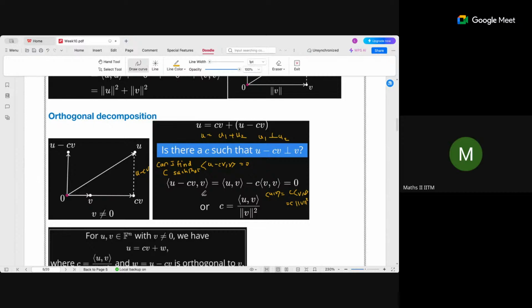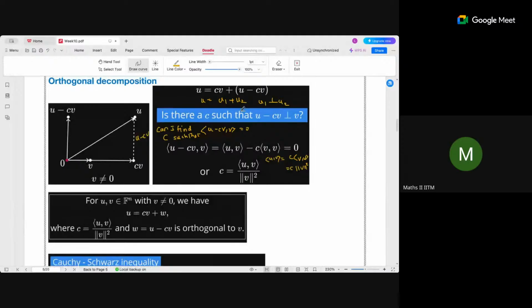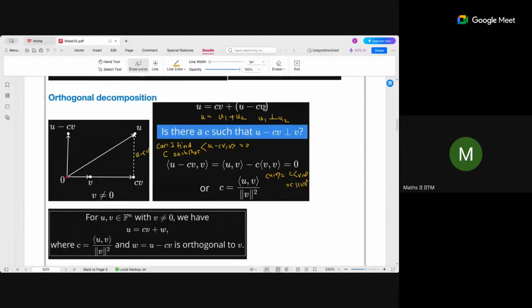Okay, fine. So in this case, for u comma v in Fn with v non-zero, we have u equal to cv plus w. How am I splitting u now? u is equal to cv plus w, where c is the number I calculated and w is u minus cv.